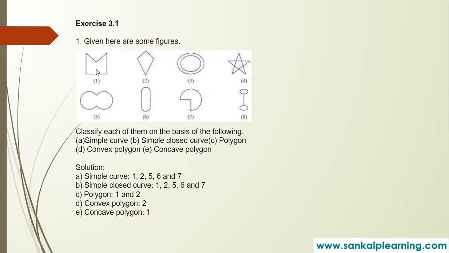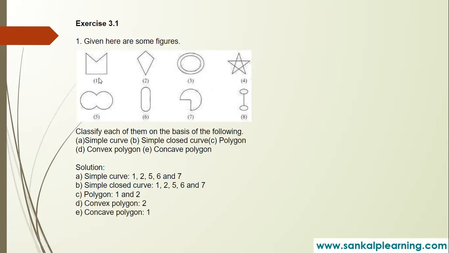It is a simple closed figure formed by line segments on the same plane. That is called a polygon. So one is a polygon and it is a polygon. Here it is loops and these are not polygons. So 1 and 2 are polygons.